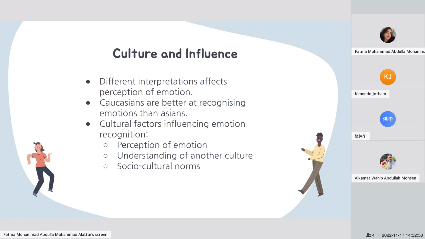Now, how does culture influence emotions? People from different cultural backgrounds have different interpretations, therefore affecting their feelings and how these feelings are processed. A study has found that basic emotions are recognized across different cultures. That being said, other studies have shown that people of certain cultures are able to recognize specific emotions better than people of other cultures. For example, researchers have found that Caucasians are better at recognizing emotions than Asians.